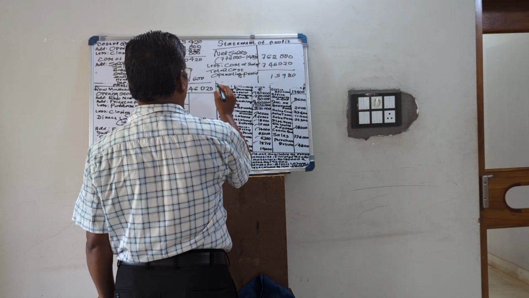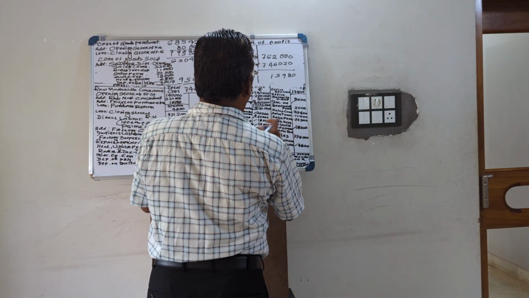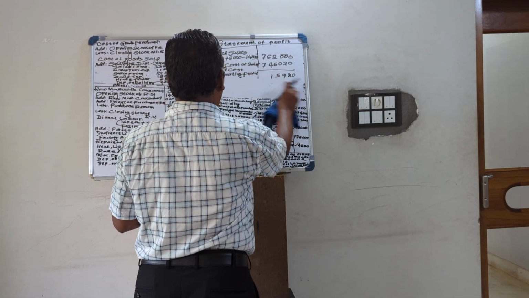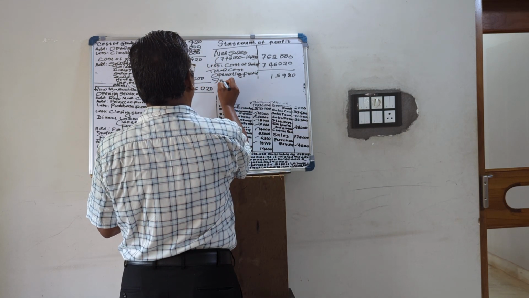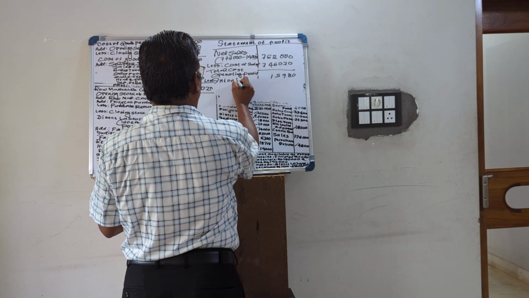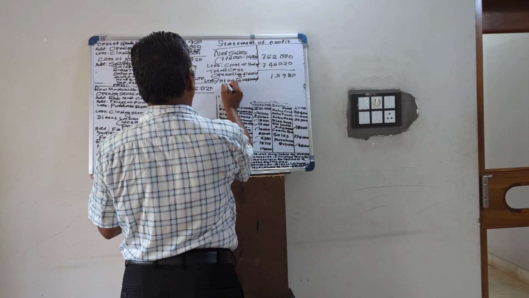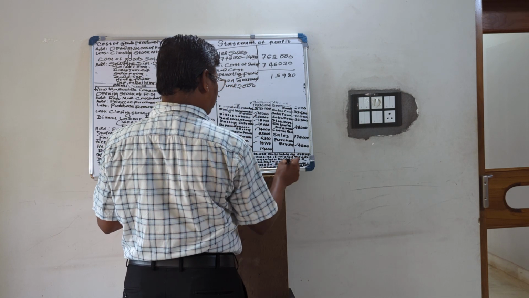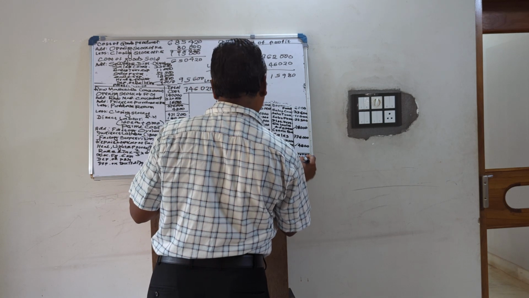From operating profit, we will deduct the bank expenses, that is interest on borrowed fund plus outstanding. Interest on borrowed fund, that is 2,000.